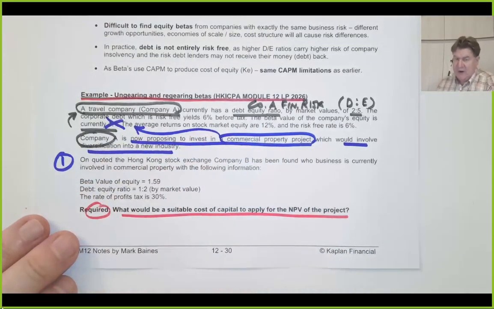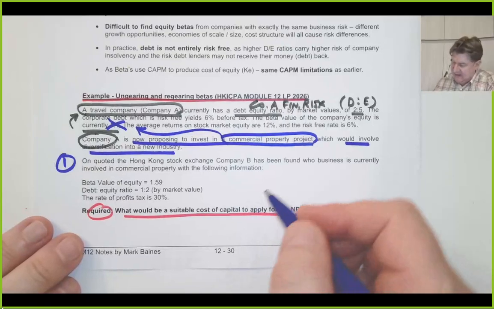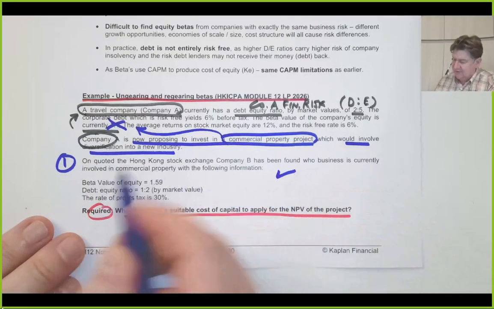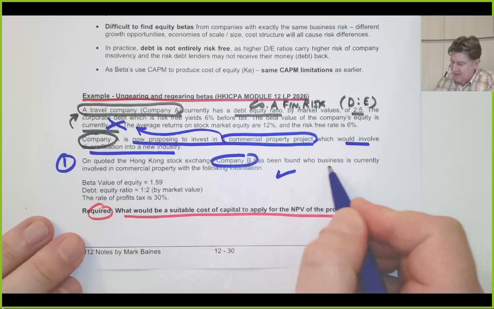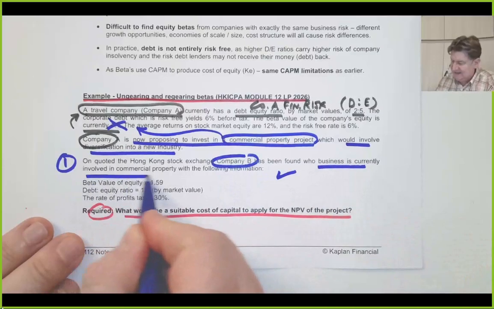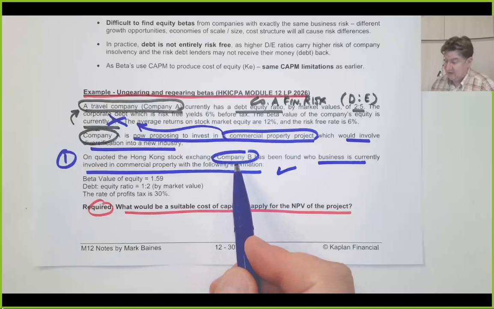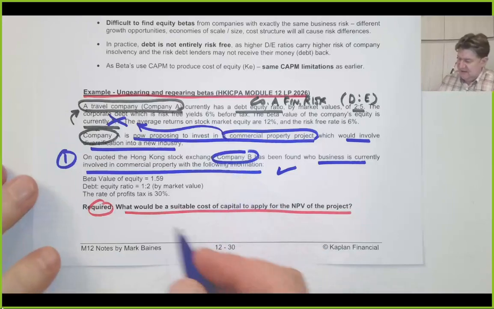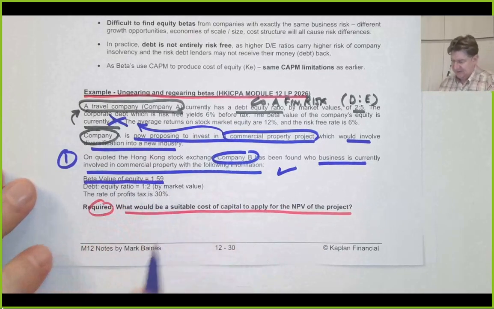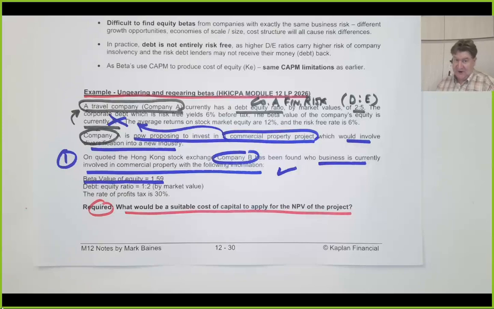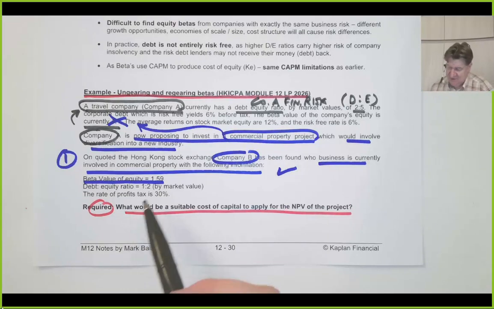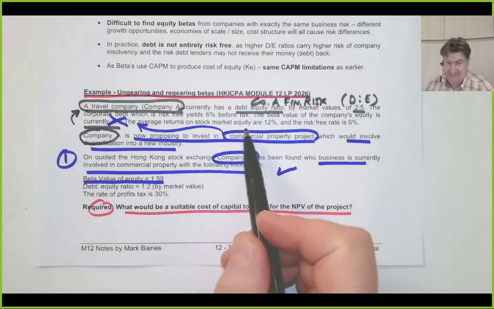What we need to do is find on the stock exchange another company whose business is in commercial property. So here's company B, another company. They've got their beta down just there, 1.59. So can we use that in CAPM?